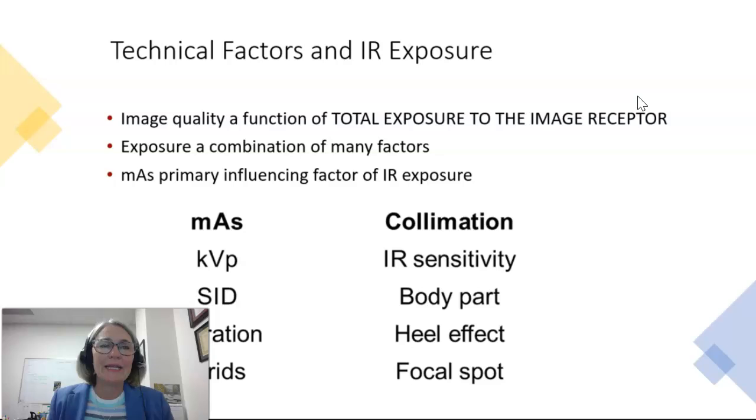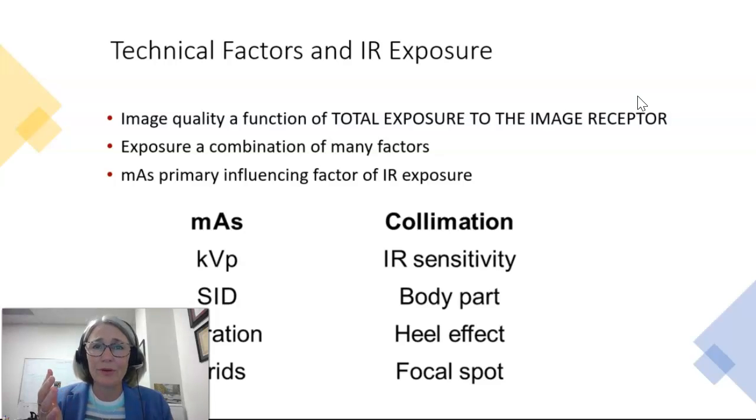So with this slide here, we have technical factors that affect the exposure. So image quality is a function of total exposure to the image receptor. Exposure is a combination of many factors. So we know that. So our main factors are kVp, mass, distance, right? So those are the big ones. Now, there's other things that go into play that also take up photons.